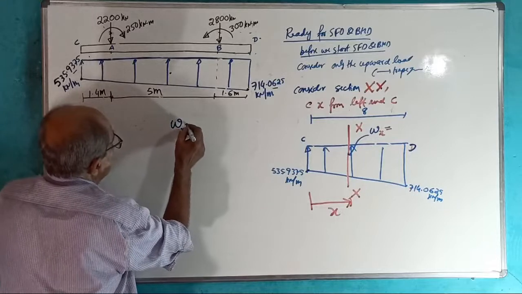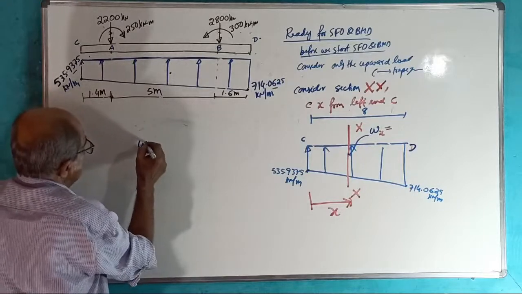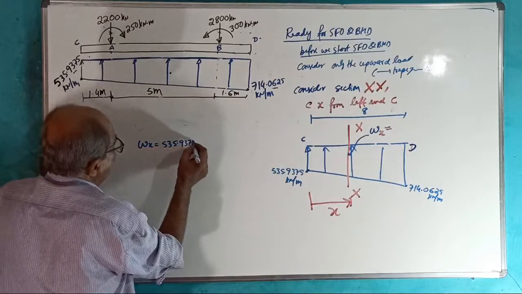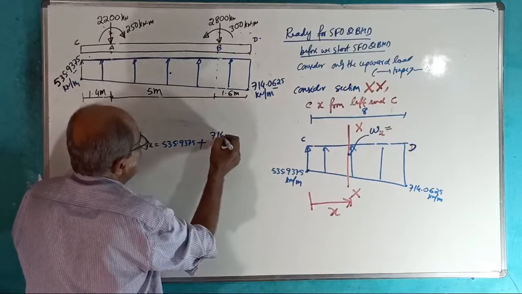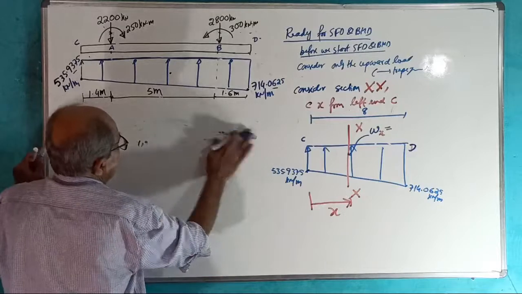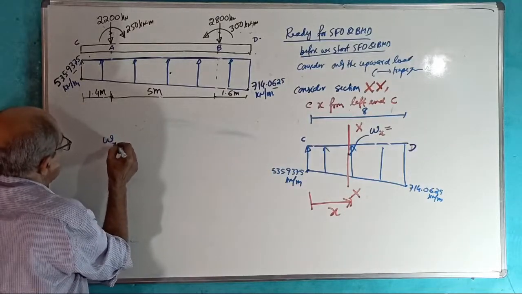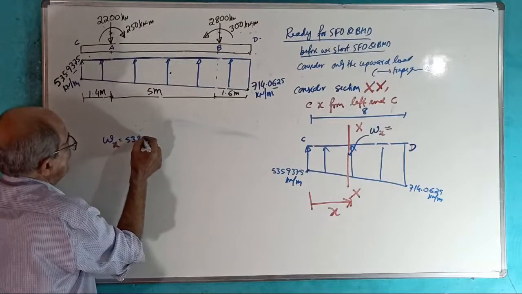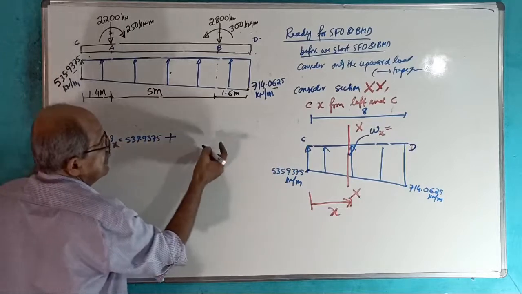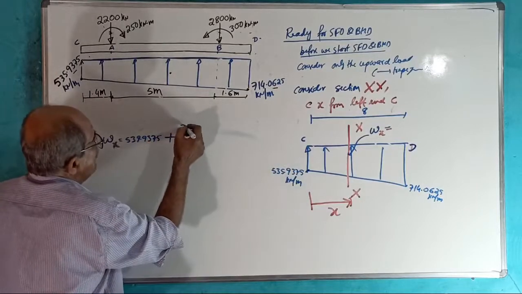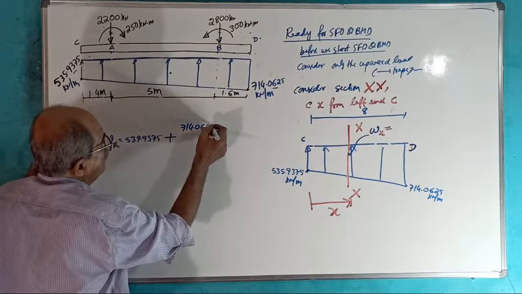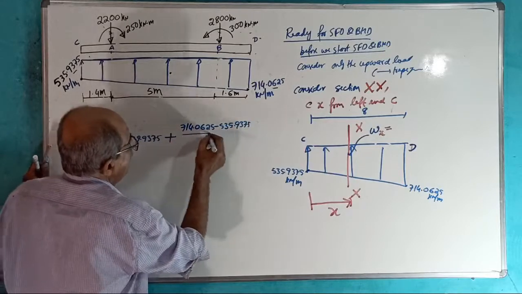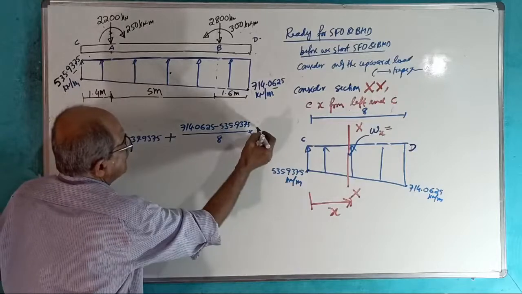Intensity W at X equals 535.9375 plus, because it is increasing, 714.0625 minus 535.9375 divided by 8 multiplied by x.